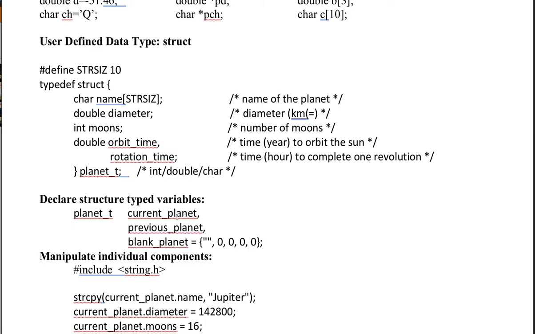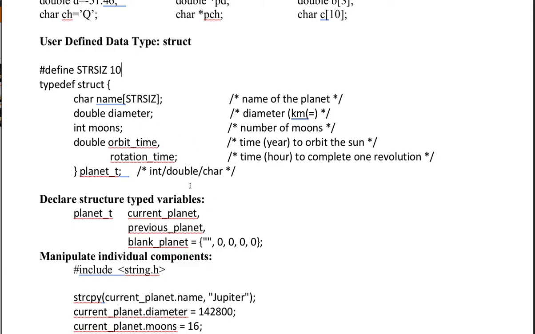Okay, current planet, previous planet, they are simply declared as the variables of the planet type. Blank planet is not only declared as a planet type variable, it also has the initial values. And basically the name is assigned as empty because it is a blank planet.